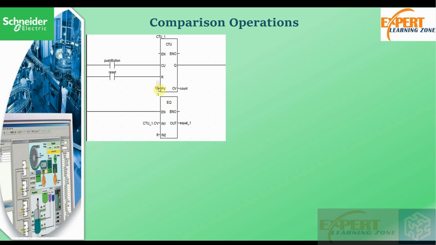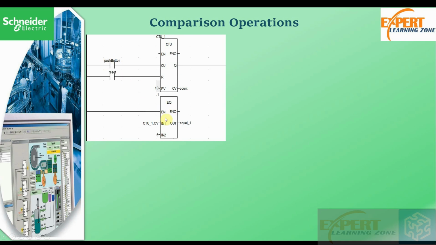And when the preset counter value becomes the same as the current or the internal counter value, so when these two values become equivalent, then the output is set to 1. But we are not going to be using all of these operations here. We are just going to be making use of the internal counter value to perform comparison operations.